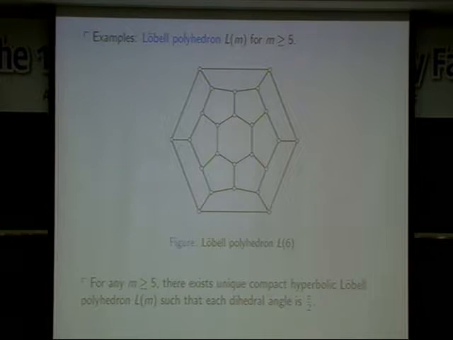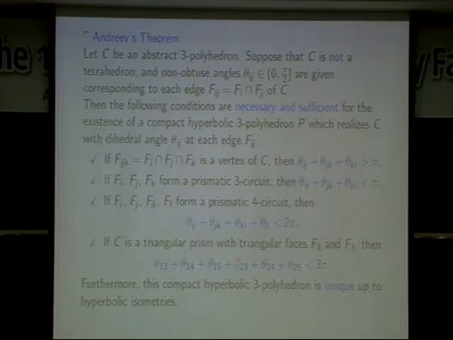Because you can easily see this right-angled polyhedron does not contain prismatic 3-circuits and prismatic 4-circuits. Of course this is not a triangular prism, and there are no prismatic 3 and 4 circuits, so we only check this condition. But this is obviously satisfied. So 3 times pi over 2 is obviously correct.